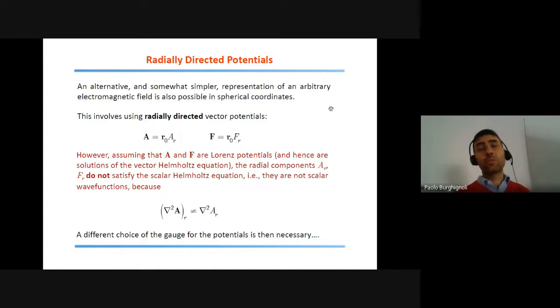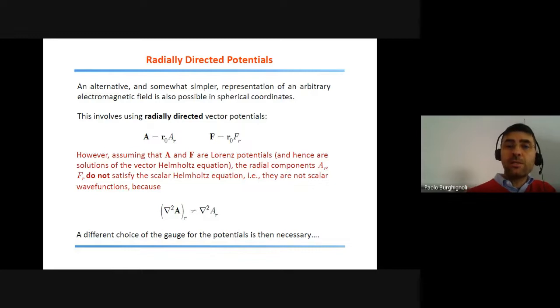However, the problem with using radial potentials is that if you assume that your vector potentials A and F are Lorentz potentials, therefore they satisfy a vector Helmholtz equation, then in spherical coordinates, the radial components A sub r or F sub r would not satisfy a scalar Helmholtz equation, because in spherical coordinates, it is not true that the radial component of the vector Laplacian of the potential is equal to the Laplacian of the radial component of the potential.